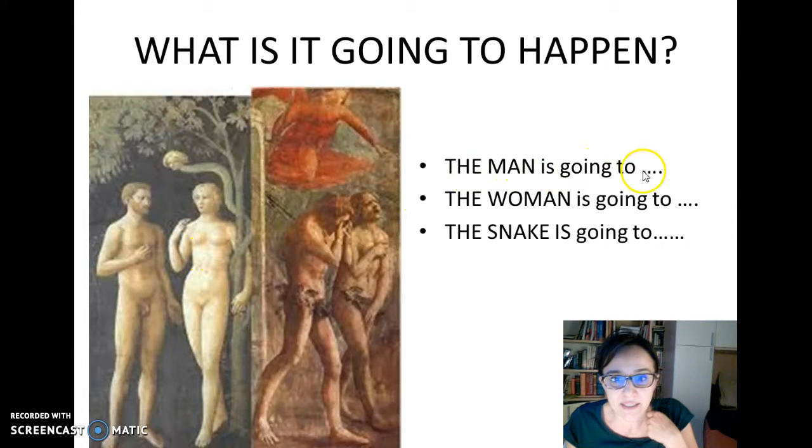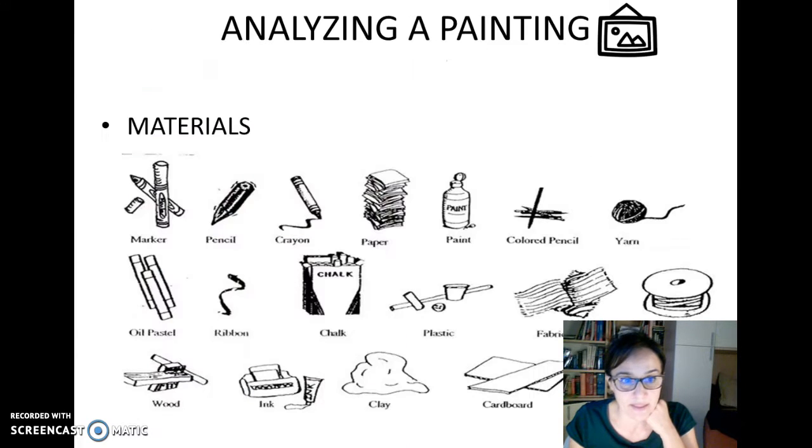The man is going to do what? The woman is going to, or the snake is going to do what? This is useful to describe the action which is going to happen in a painting.